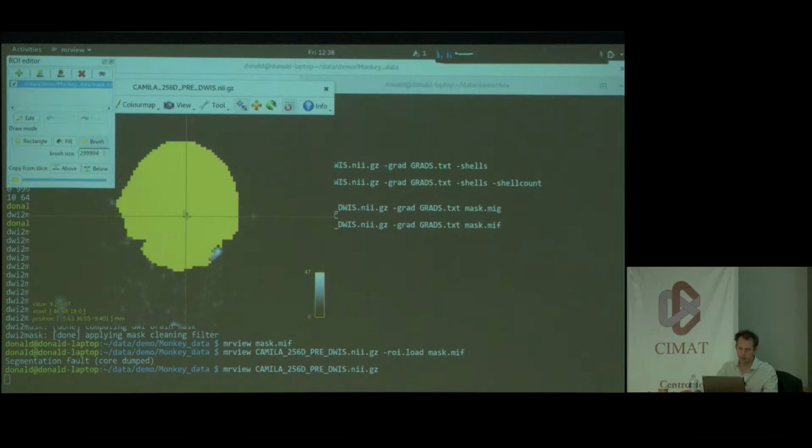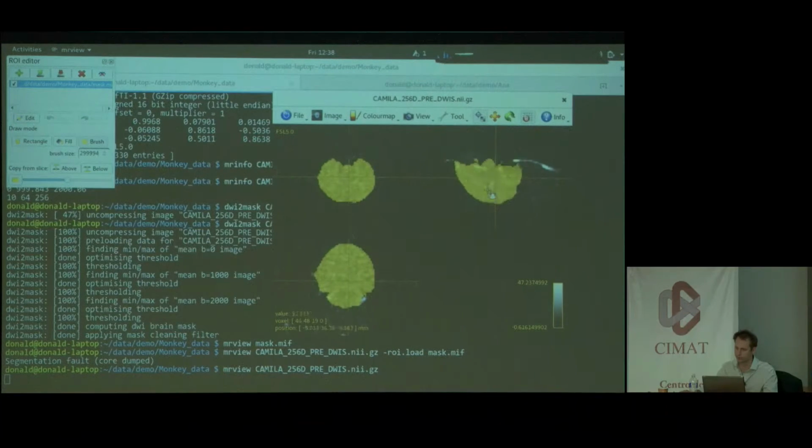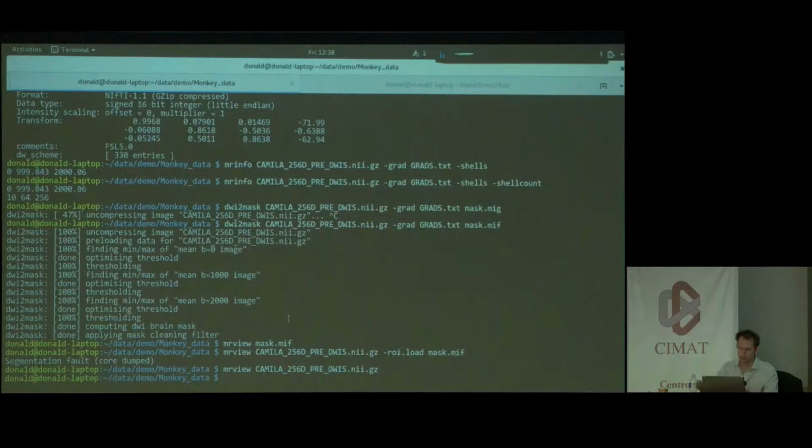And just verify that it is actually on the brain. Right, we're losing out on the brainstem, but at least we're covering all the brain, so that's good. Not a bad job.